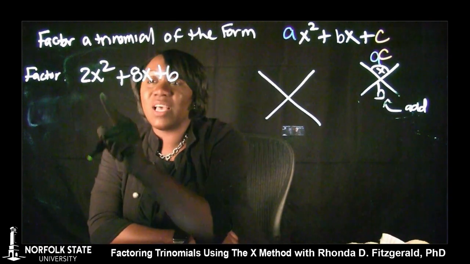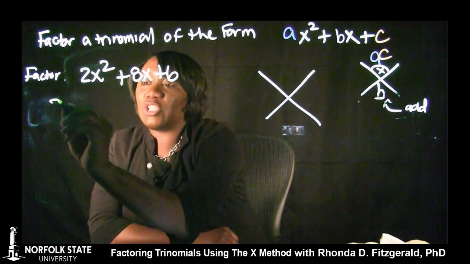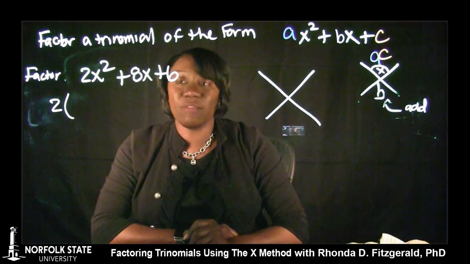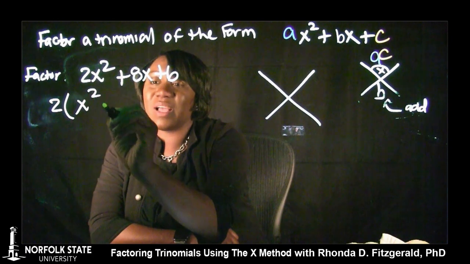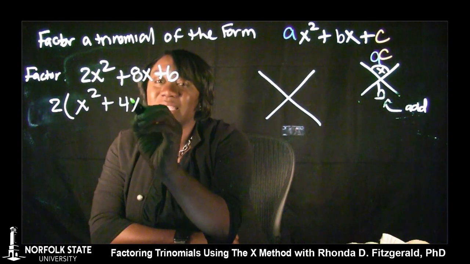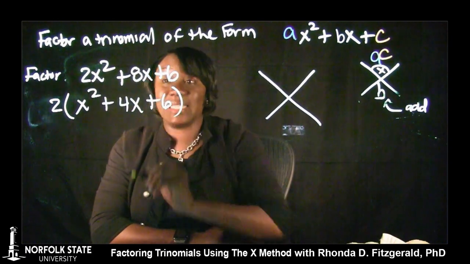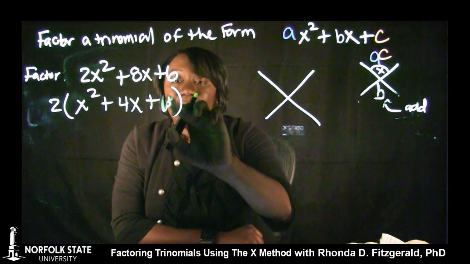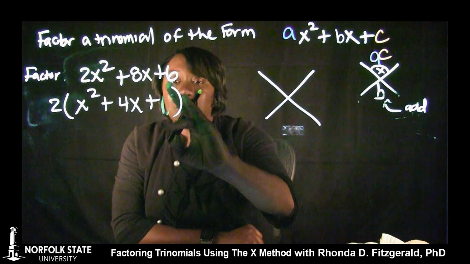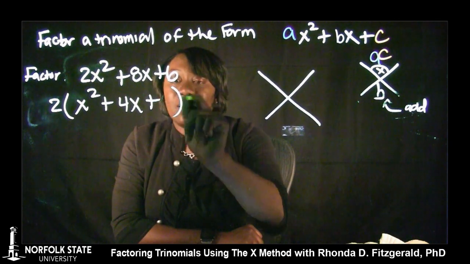Check for GCF. So we see that we can factor out a 2 from this problem. When factoring out a 2, we end up with x squared plus 4x plus 3. Oh, sorry, plus 3. Gotta make that correction.